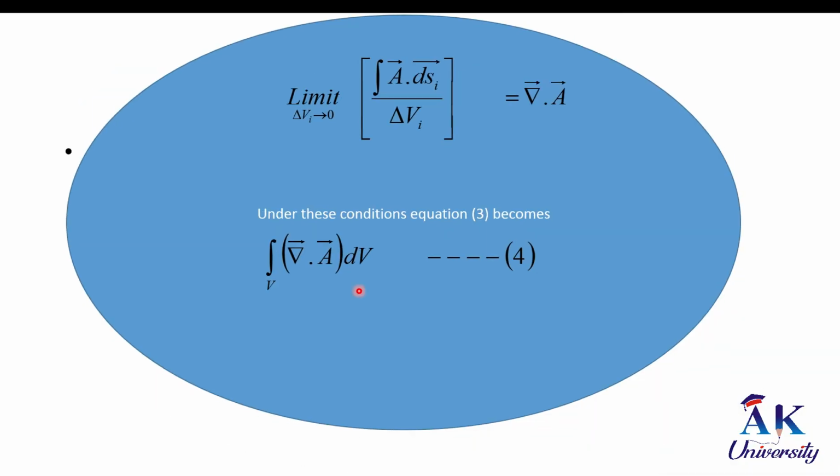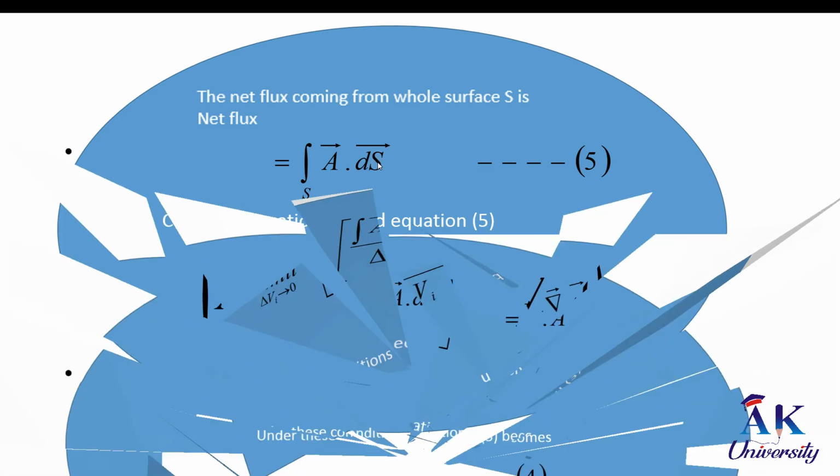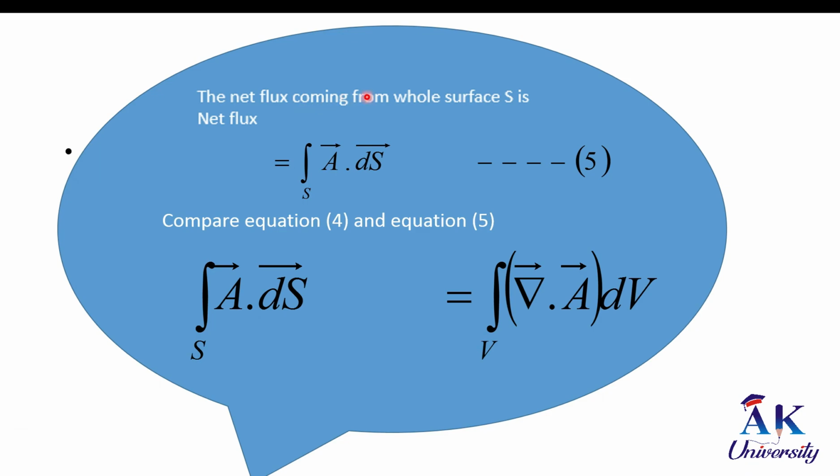By equation 1, the net flux coming from the whole surface is equal to the surface integral of vector A. So we compare equation 4 and equation 5. Equation 4 is this volume integral, and equation 5 is this surface integral, and both are equal to the net flux.